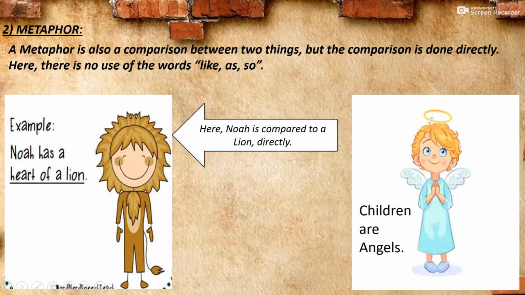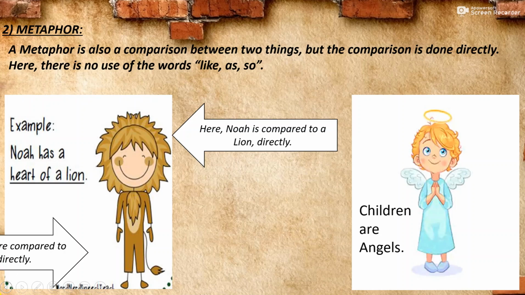That is, the first noun is being compared to the second noun, roughly on the basis of a common point of being courageous or brave. But here, for comparing these two different nouns, we do not use any words like, as or so. Since the comparison is a direct one, we say that this sentence is metaphor.